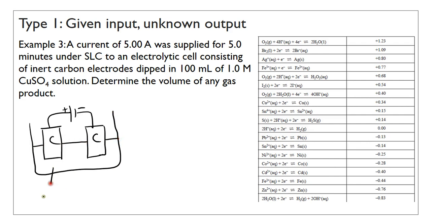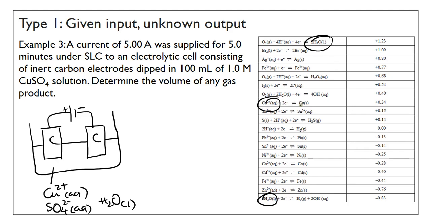And there are 3 species present in the electrolyte: copper 2+, sulfate ion, which is actually a spectator ion unless specified otherwise, and water, because this is a solution. And you're going to assume that you have enough voltage for every reaction to happen.